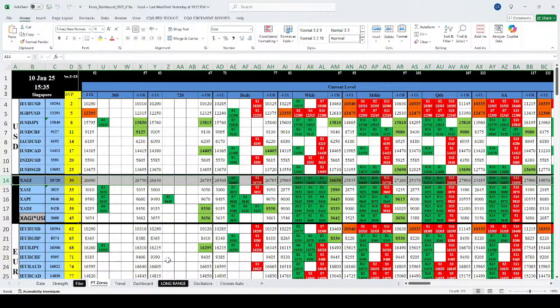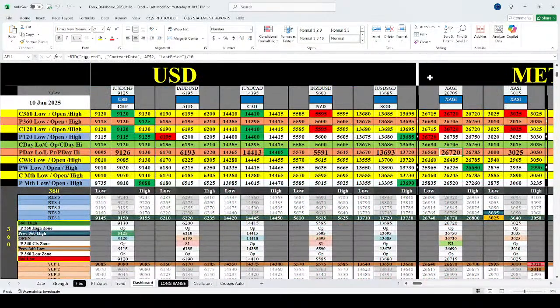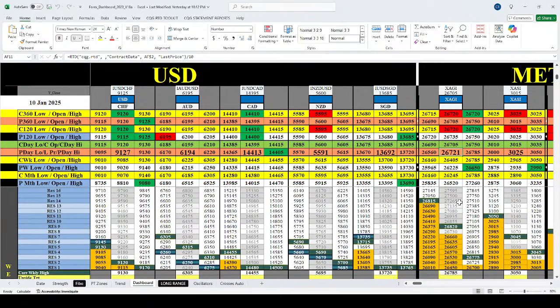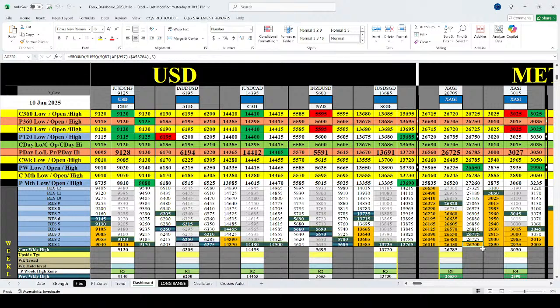Okay. So now when we go into the dashboard, it gives you the precise entry, exit, and stop loss. So remember, when the market on the PT zones says it's trading at R13, this is where we are getting this R13. Okay, I think I got to hide this. So R13, this is where the market is trading. See, left R13 and the center R7 and right R1, and this is the information that has been pulled on the other side.